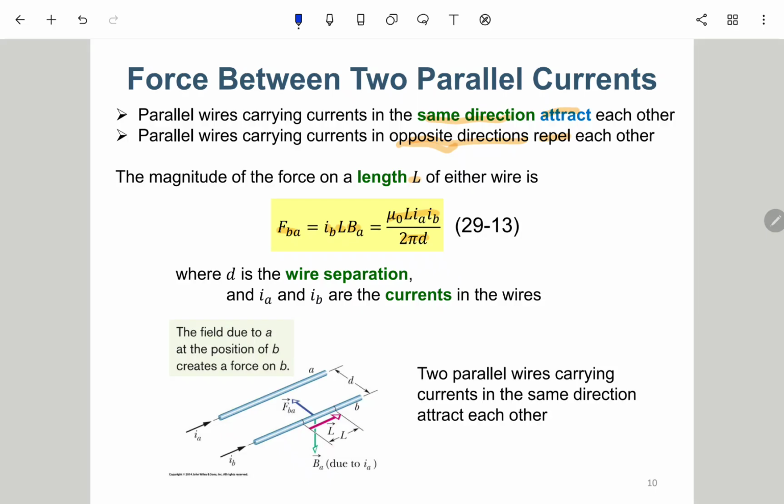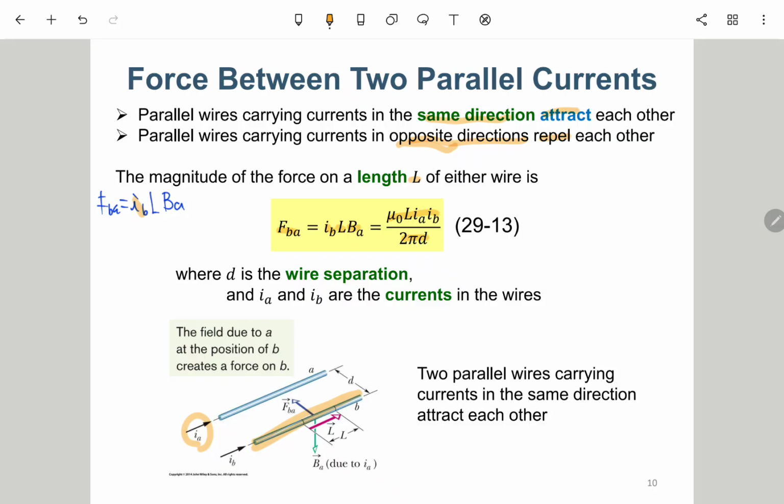Here we have FB equals FBA equals IB L BA. It means that the subject is the current B, the wire B, which is here. At this position, there will be a B field generated by another current, IA. So IA will generate a B field in the space.